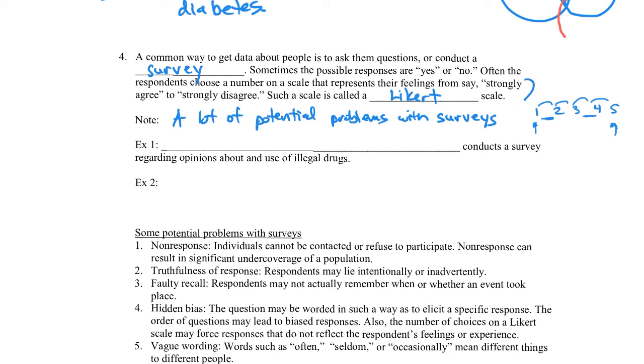Okay, so let's say this police officer is conducting a survey in part of the neighborhood. And in the other part of the neighborhood, the survey is being conducted by a college student who just shows up in a t-shirt and a pair of shorts, and asks the exact same questions.